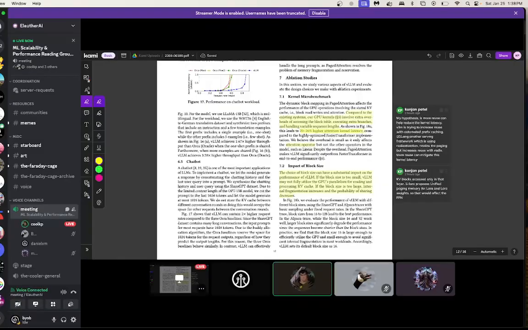If it exists, it will not compute the key value vector for it. Radix instead, I believe, does a tree-based approach. I'm not sure entirely why it's better, but they do say it is performantly better than vLLM. Okay. Maybe we can put that one on the list for later too. Radix attention.